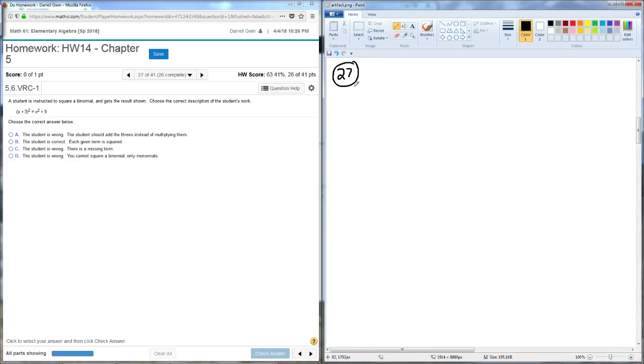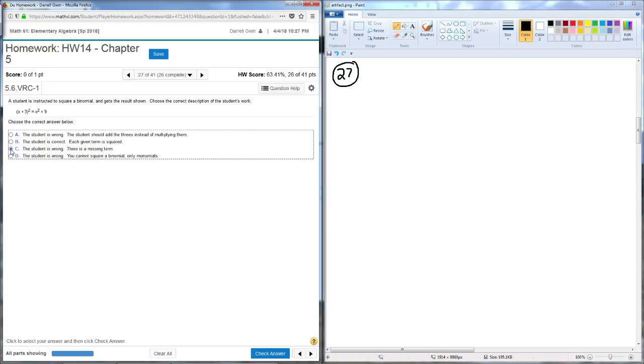Okay, a student is instructed to... Oh, that's the freshman's dream. X squared plus 9 squared is the freshman's dream. So the student is definitely wrong because you fell for the freshman's dream. Let's see, the student should add the 3's instead of multiplying them. No, there's a missing term.